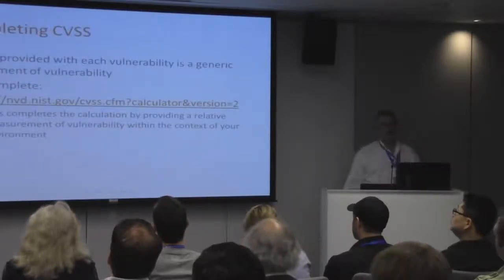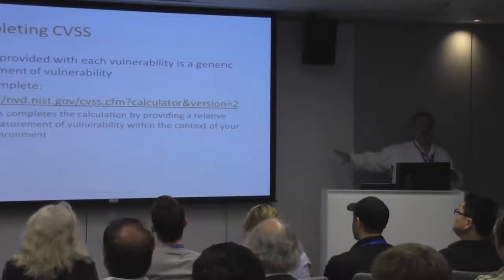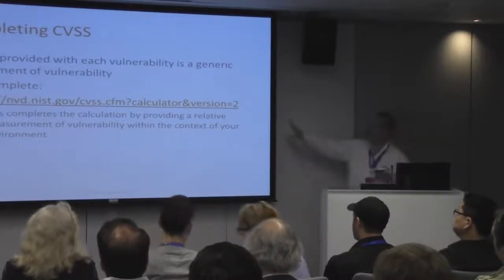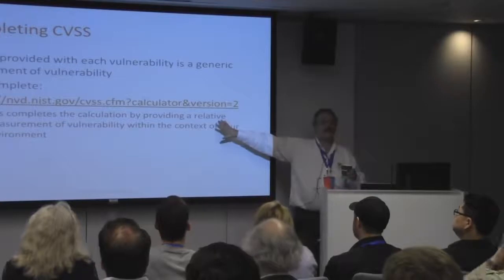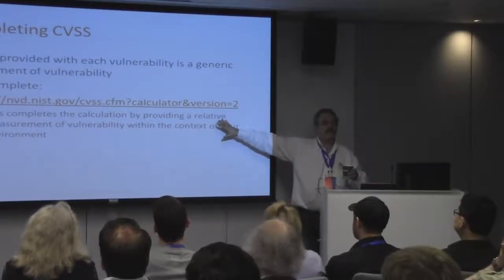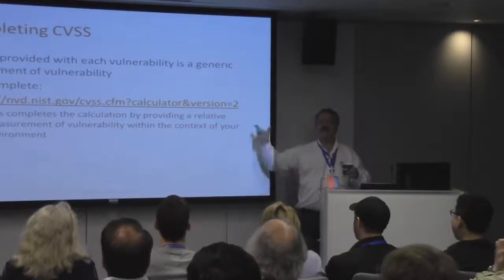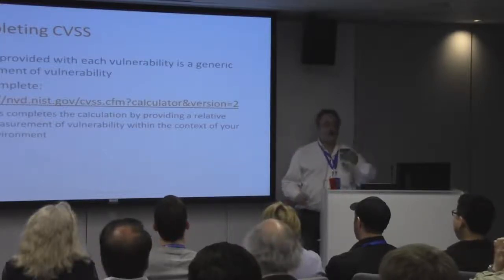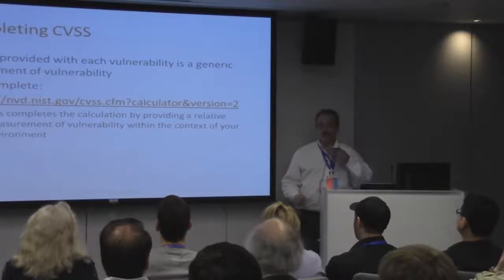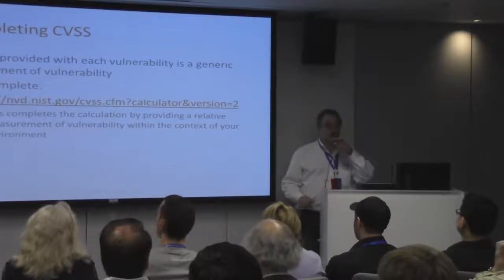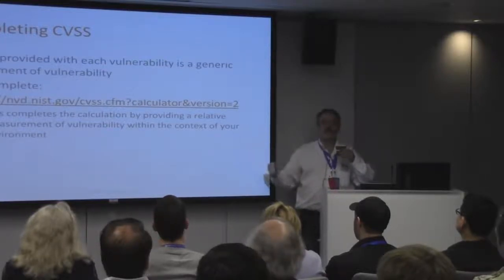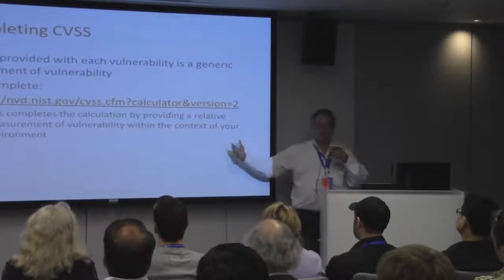But the CVSS numbers are meant to be placed into the context of your environment. And so what you're supposed to do after you get those numbers from your scan is put them inside of this calculator in the context of your environment to find out that that 10 is really for you a 2, because of where it sits in your network and the other controls in place. That 2 is the number you care about, not the 10 that Nexpose gave you.